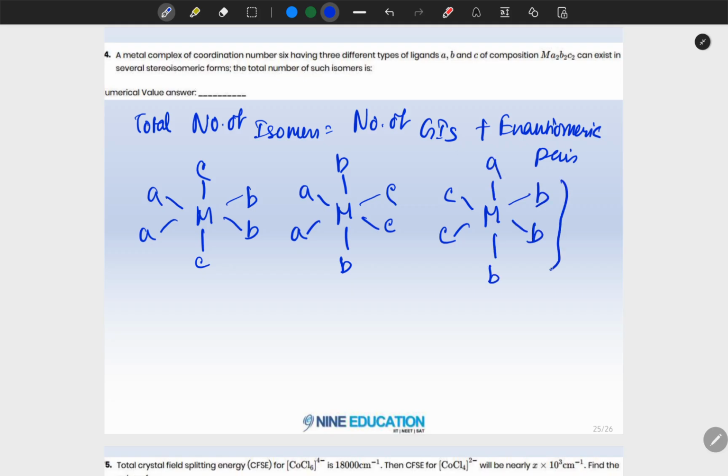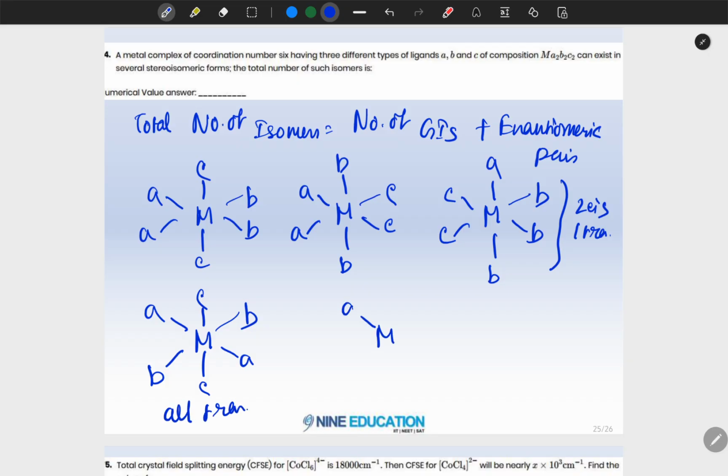So all these 3 are 2 cis, 1 trans structure. Now this is all trans structure. And the last one is all cis, right?